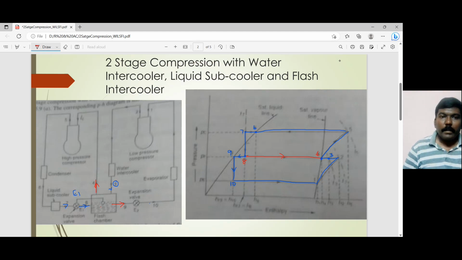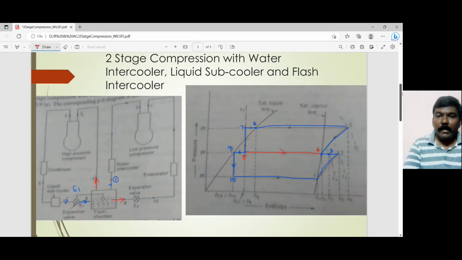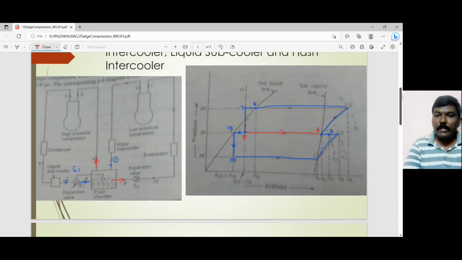Okay, so we can make an energy balance here and see how this particular mass flow rate is taken into account. Here there are two subdivisions.